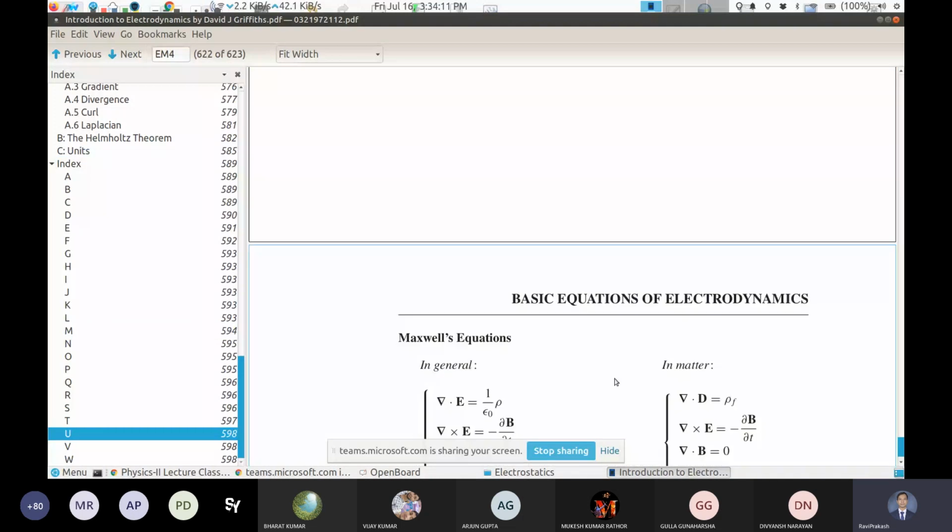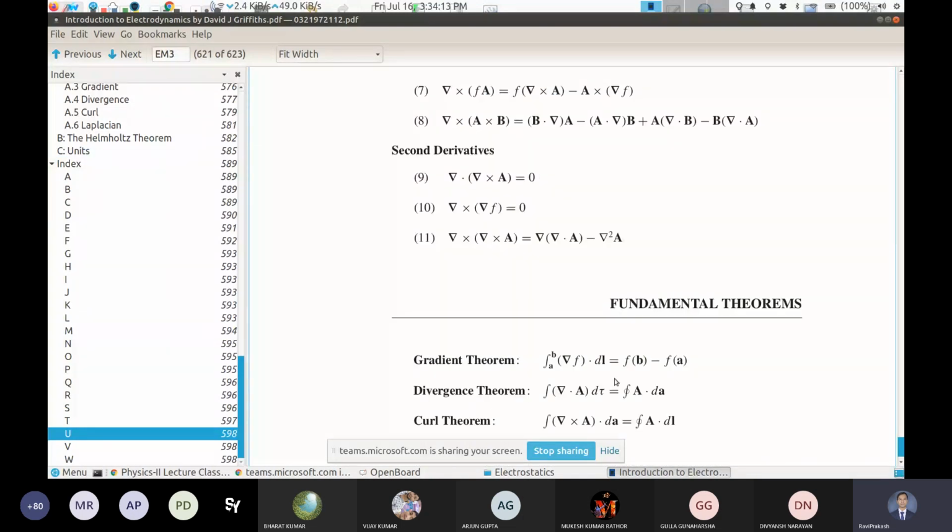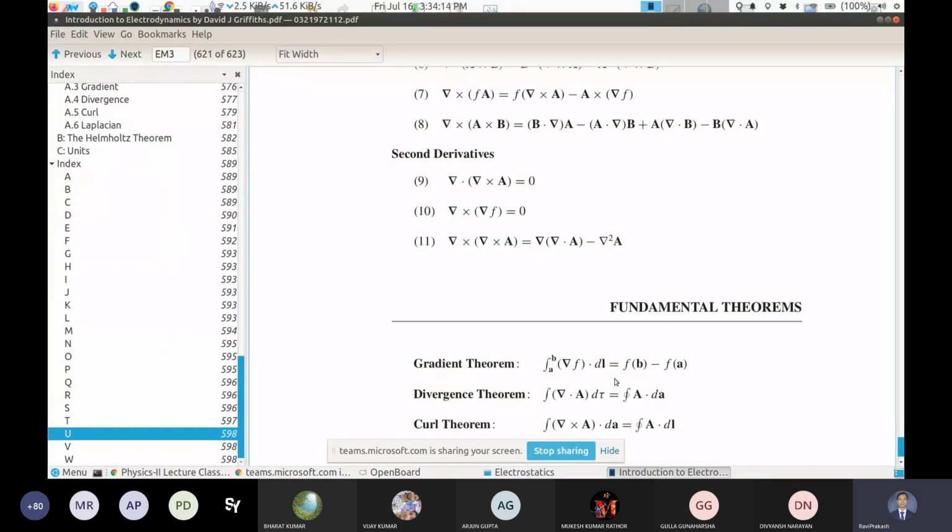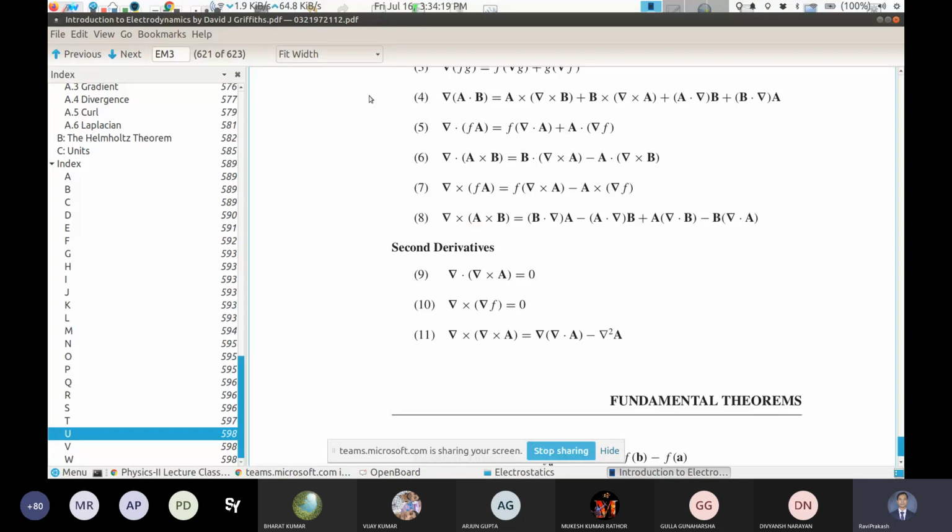So A dot del cross B, do we have any term like this? Yes. So let me write this formula first. Del dot (A cross B) is B dot (del cross A) minus A dot (del cross B). So the rightmost term is negative, the middle term is positive.